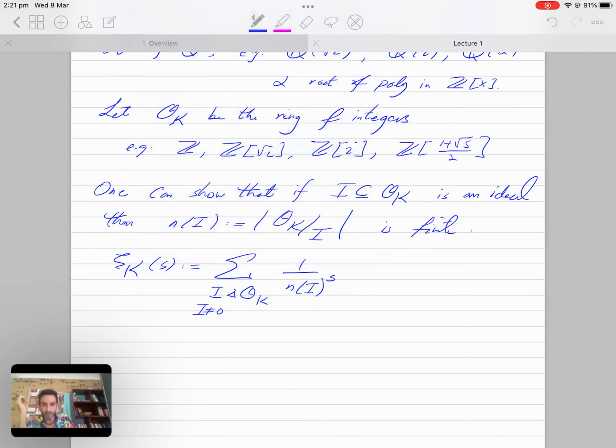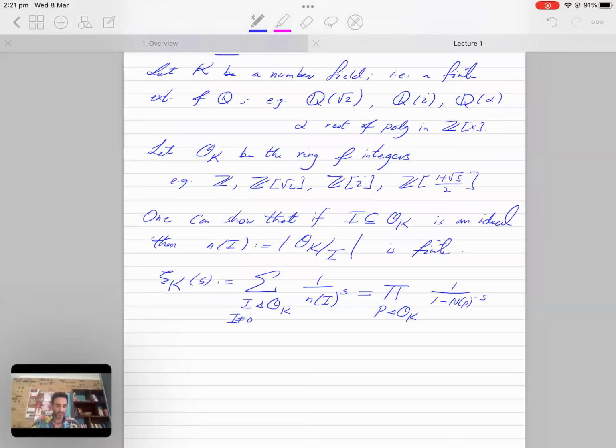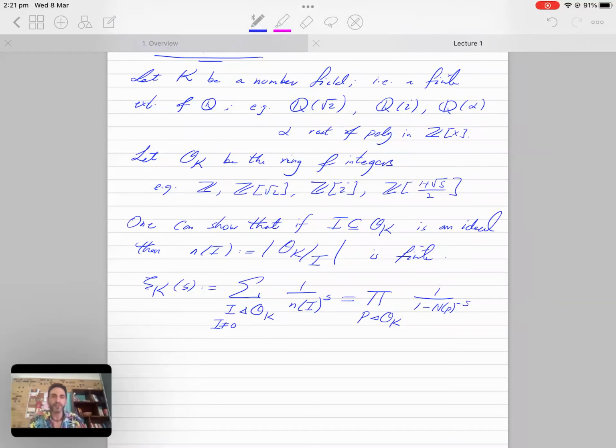And this also has a product expansion in terms of prime ideals, which are the same as maximal ideals in this case. So that's going to look like 1 minus N(P) to the minus s, exactly like the Riemann zeta function. And there is a Riemann hypothesis package for this function as well.